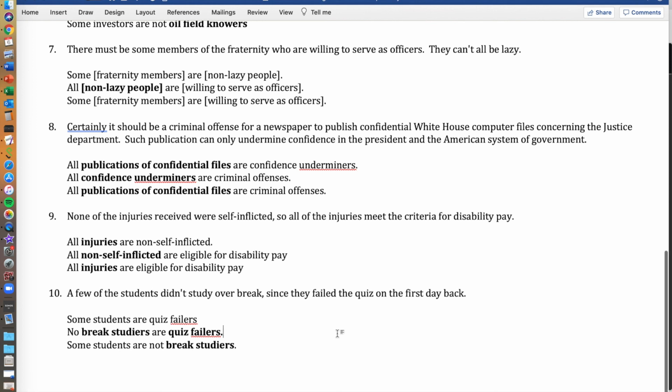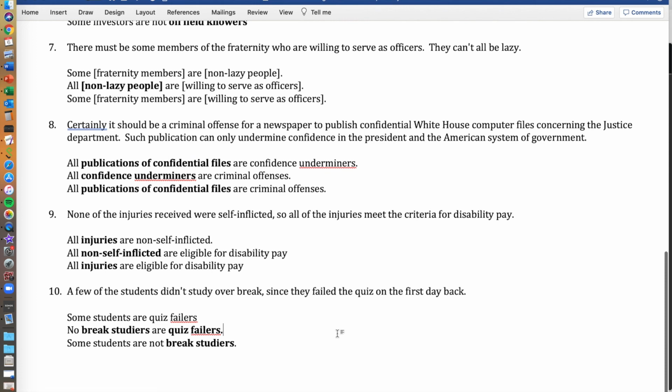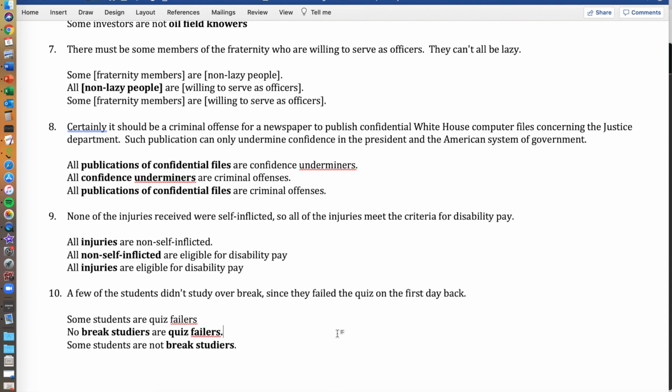And again, if you did a universal negative that said no quiz failures are break studiers, that would be equally correct because you would have a logically equivalent statement, simply the conversion of the answer that I've given here. Okay? So you'll note that you can have different answers than the ones that I've had. You shouldn't have different conclusions. You should always try to get the conclusion correct.